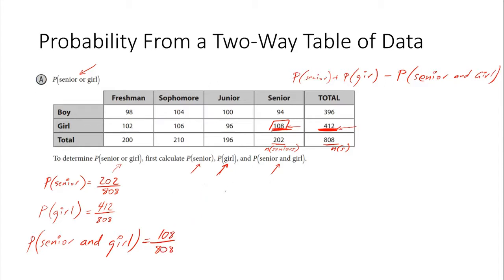Now to find our probability of senior or girls, we have to get our probability of seniors.